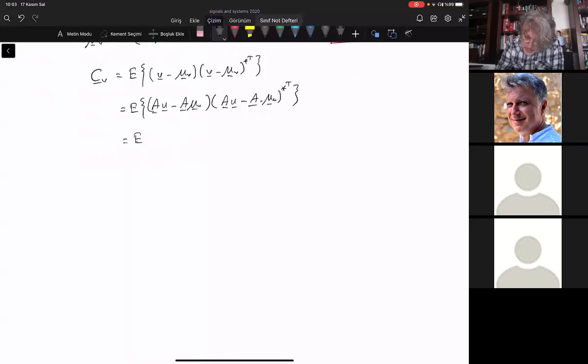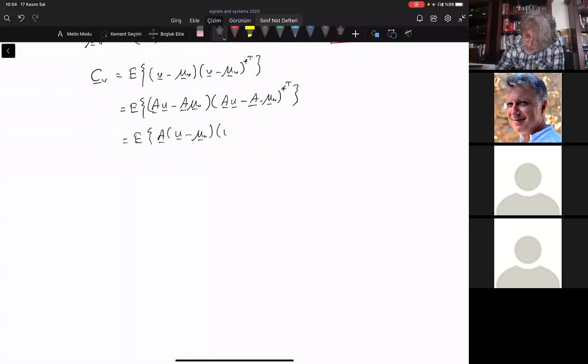And that is equal to expected value of A times U minus mu U, to combine everything in a parenthesis form. And the right-hand side is A times U minus mu U's conjugate transpose. When you're taking the transpose, their orders change.